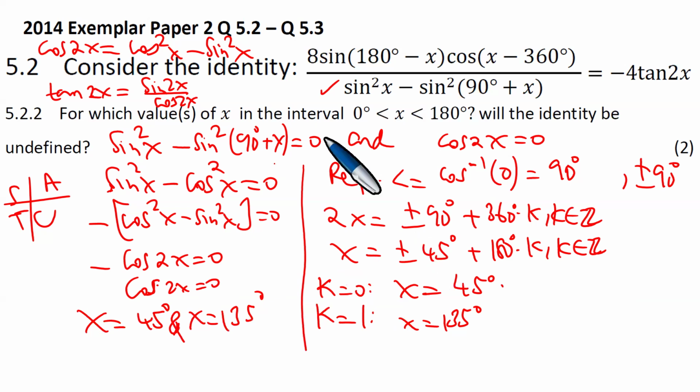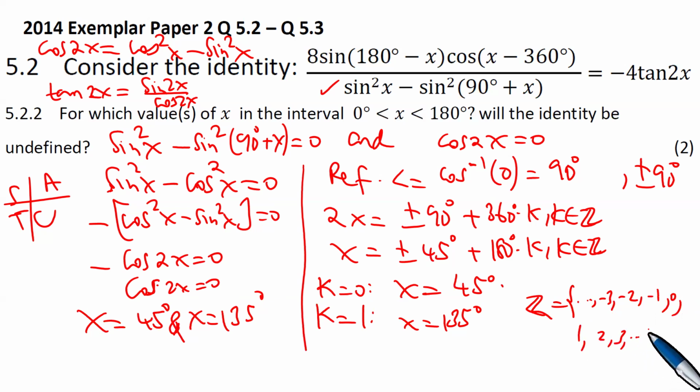In principle, the set of integers has -3, -2, -1, 0, 1, 2, 3, so you can take the negative numbers. But there is an issue with them.